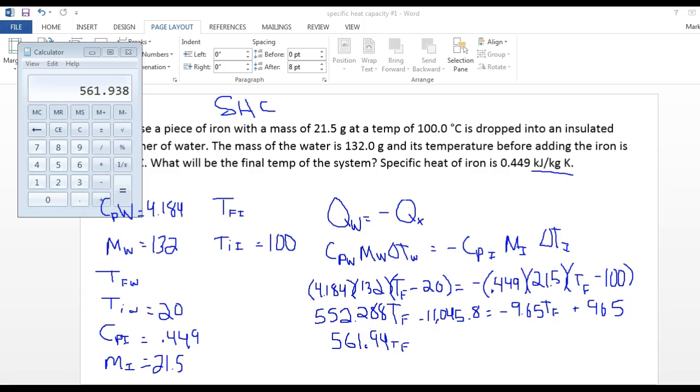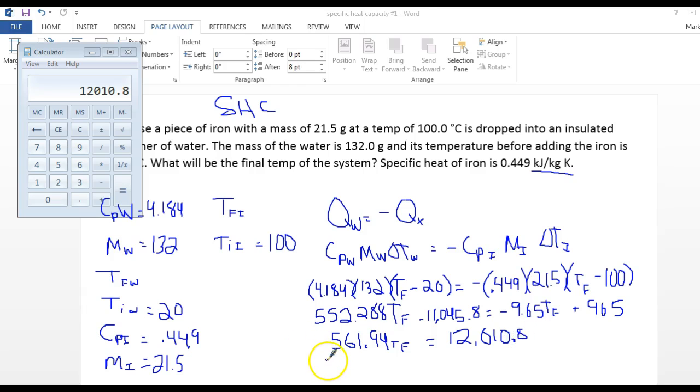So we got 965 plus 11,045.8, which equals 12,010.8.